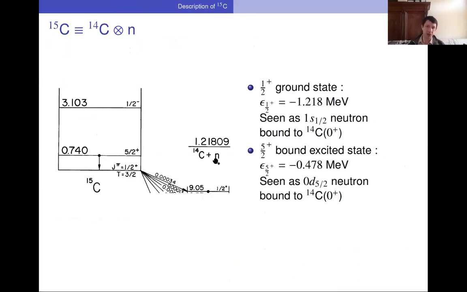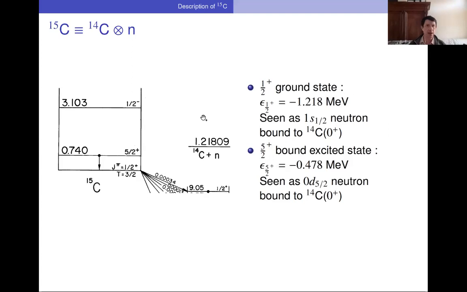In an extreme shell model, we usually describe it as a 1s1/2 neutron bound to a carbon-14 in its 0+ ground state. It also has a 5/2+ excited state, which is usually seen as a d bound-state neutron. In the continuum there is not much at low energy, except for this 1/2- resonance.